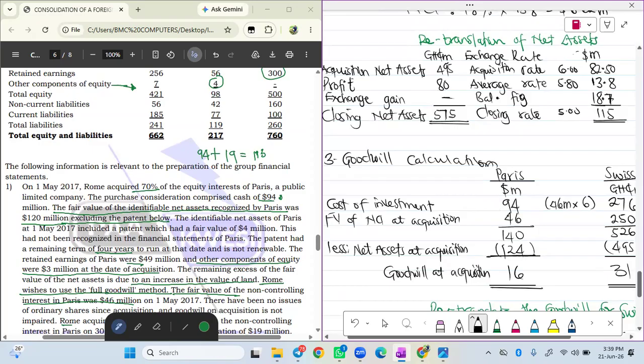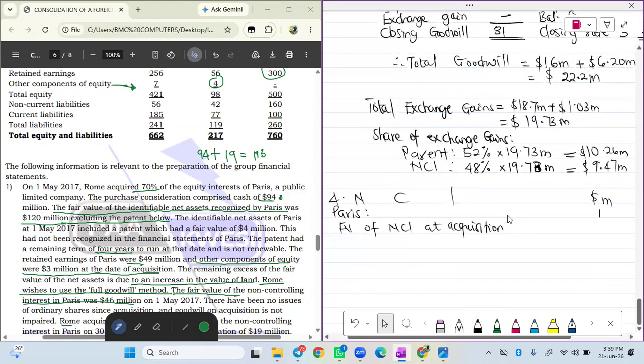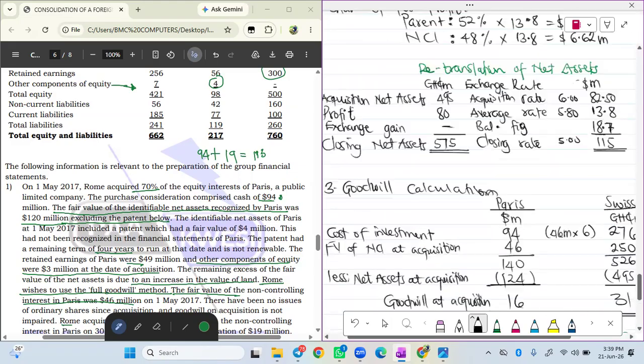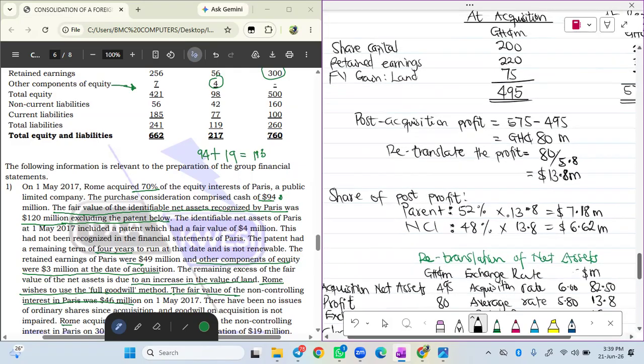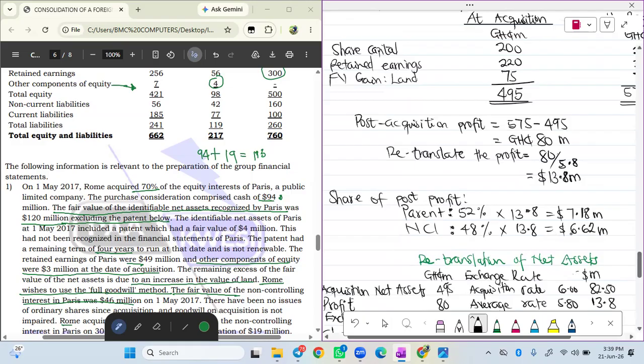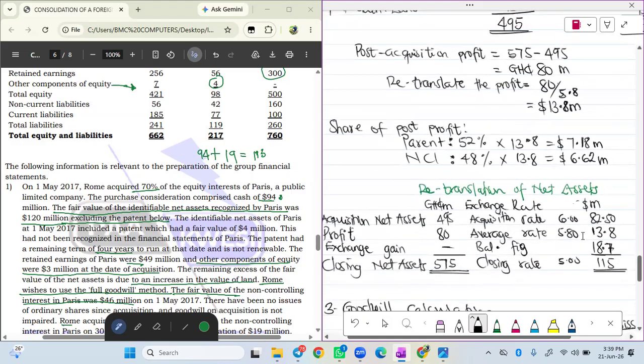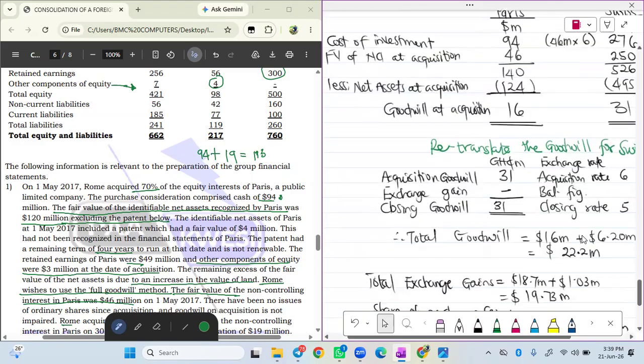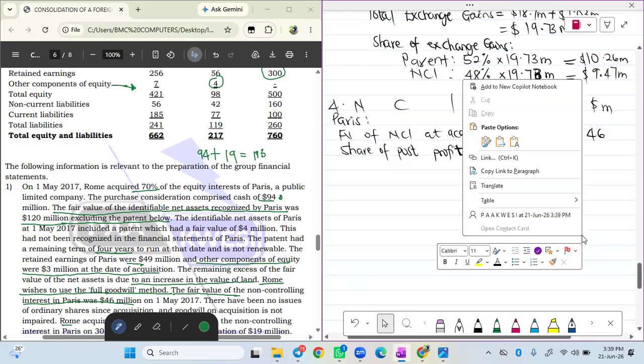Paris was 46 million. Then we add the share of post profit, from workings 2. NCI got 6.62.